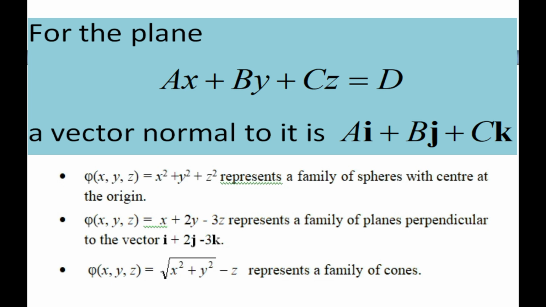So by looking here, a is 1, b is 2, c is equal to negative 3. And so this phi represents a family of planes perpendicular to the vector i plus 2j minus 3k.